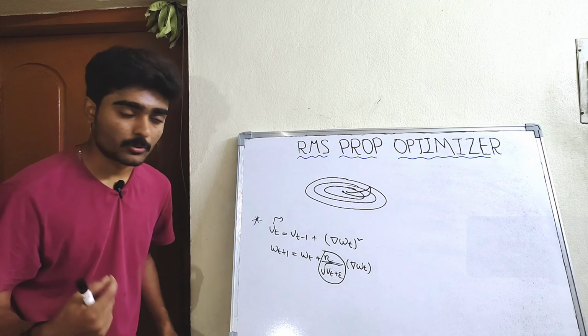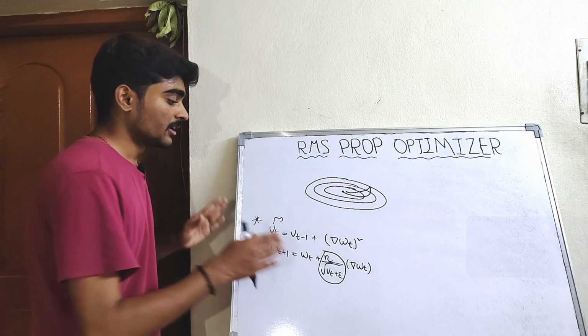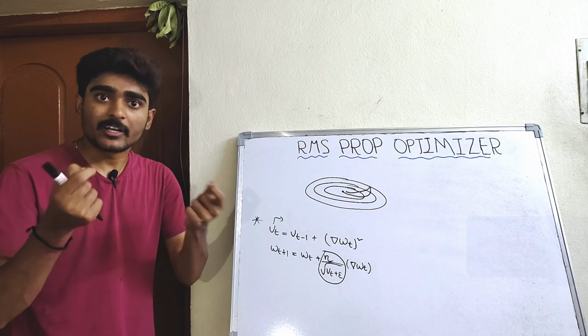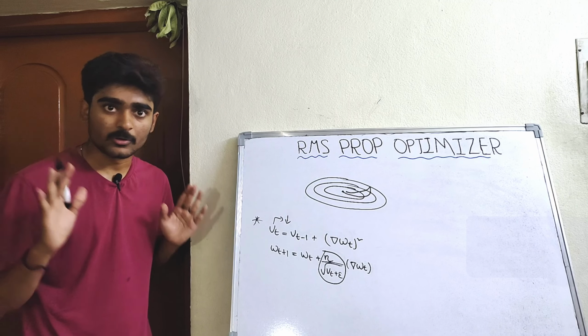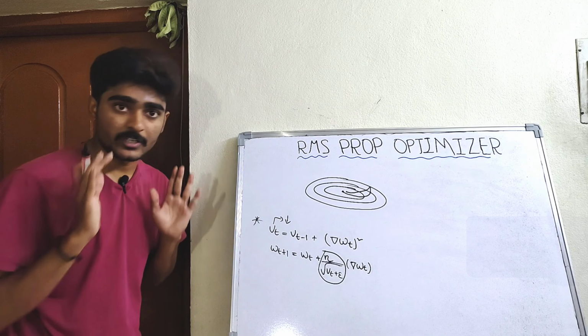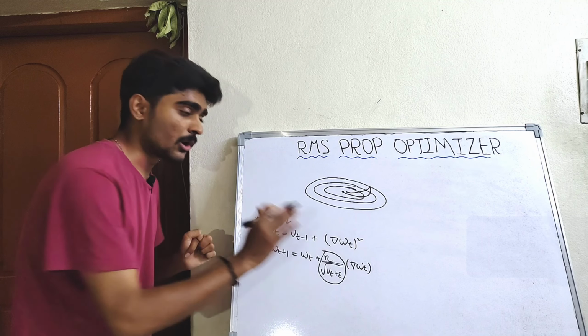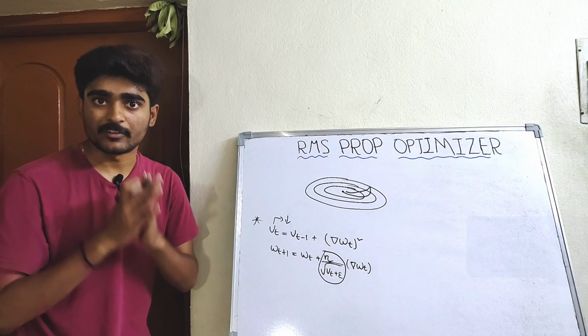As Vt gets higher and is used in the denominator, the entire learning rate value decreases. Now we need an approach such that this Vt value is smaller. Our aim is to decrease this Vt value, but to do that, we need to somehow modify the gradients.